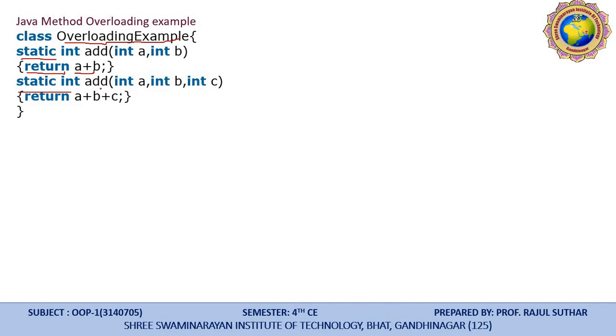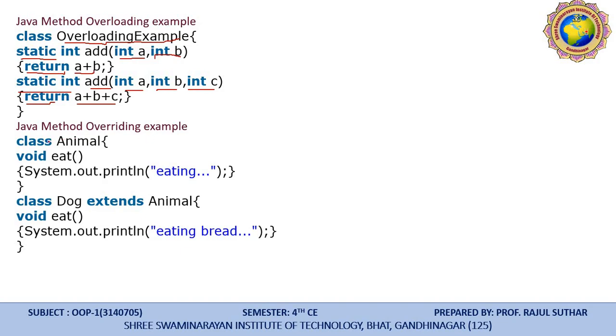In the same way we add three numbers, each with data type integer, so it returns the addition of three numbers. We overload the addition by using 2 numbers as well as 3 numbers. Here the operation is the same, addition is the same, but we increase or decrease our parameters. A parameter is nothing but a variable. You can use 2 variables or 3 variables, but the procedure is the same.